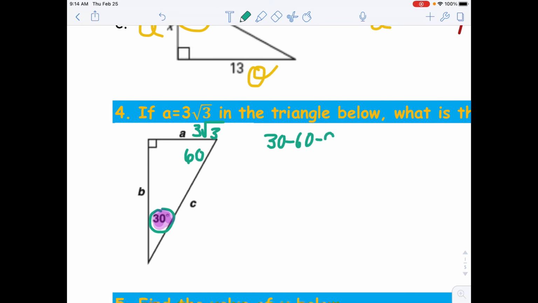I purposely put this in here right after the trig problems because students forget about the rules of 30, 60, 90. They just try to use trig each and every time. So A is 3 radical 3. To find the hypotenuse, given the short leg, you just multiply by 2. So C equals 6 radical 3.